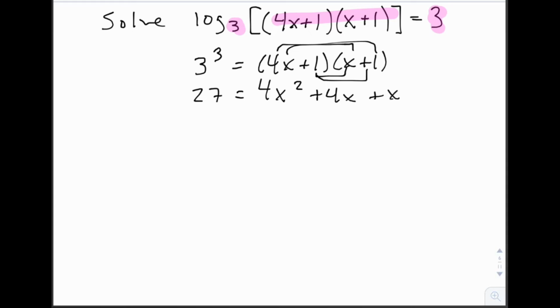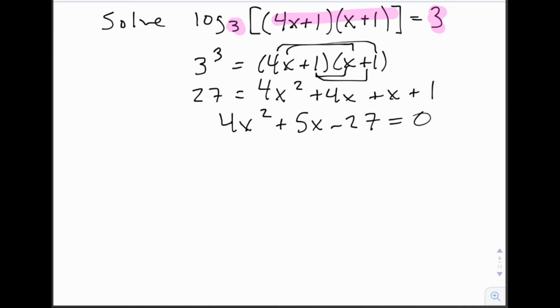So this will give us 4x squared plus 5x if we combine our x's, and then finally let's subtract the 27 over to our right hand side, so minus 27, and that would actually be equal to 0.